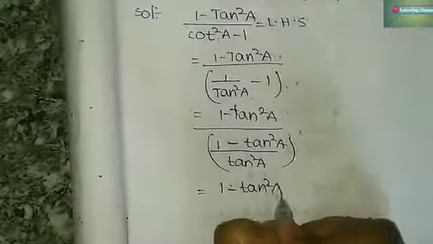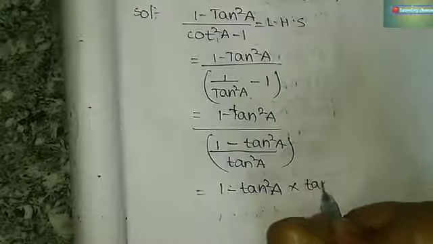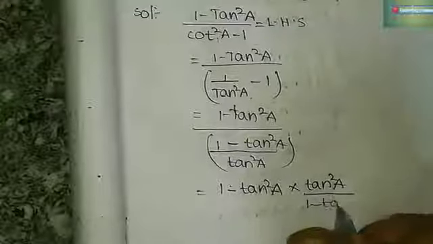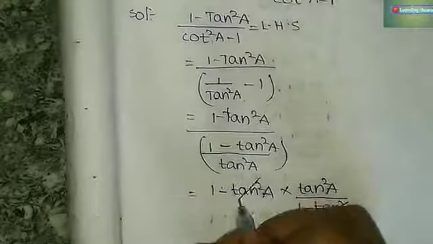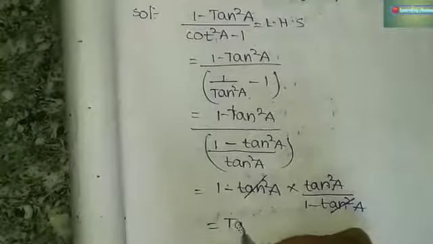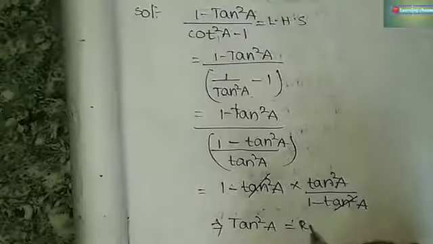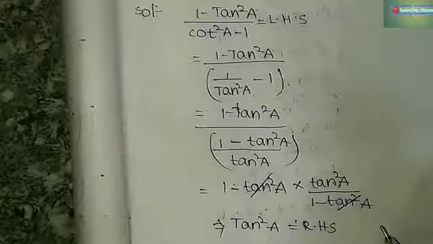Now 1 minus tan square A. Cot square A can be written as 1 by tan square A minus 1. Taking the LCM tan square A, 1 minus tan square A.